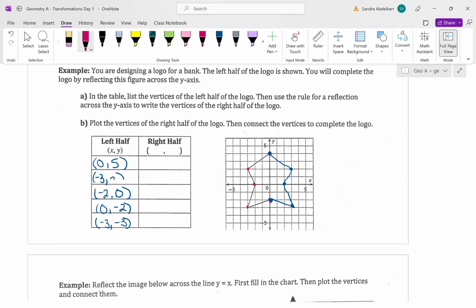And the rule tells us when we're reflecting over the y-axis, we're negating the x and keeping the y the same. So our new points are going to be 0, 5, positive 3, 2, positive 2, 0, 0, negative 2, and 3, negative 3.